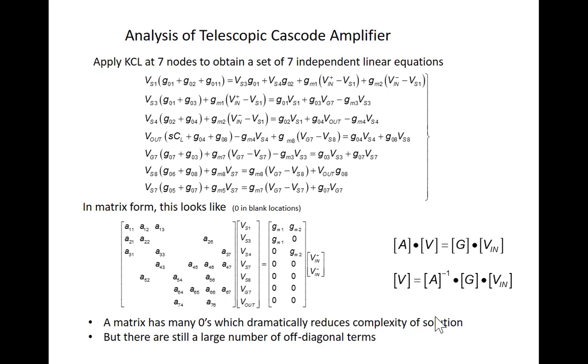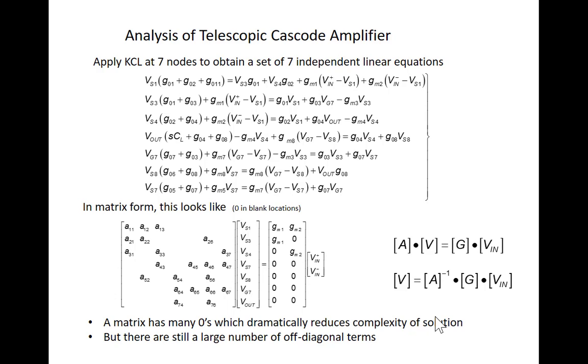But in matrix form, A indicates the presence of something that's non-zero. So really this set of equations is of the form some matrix A times the 7 unknown voltages in that circuit, the 7 nodal voltages, is equal to something times the excitation vector.